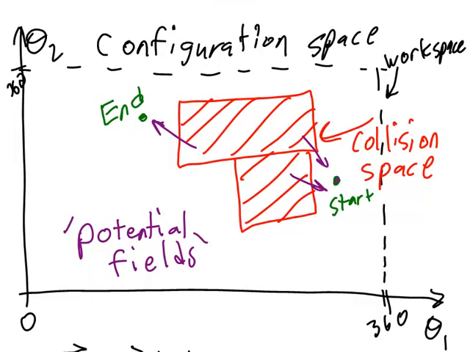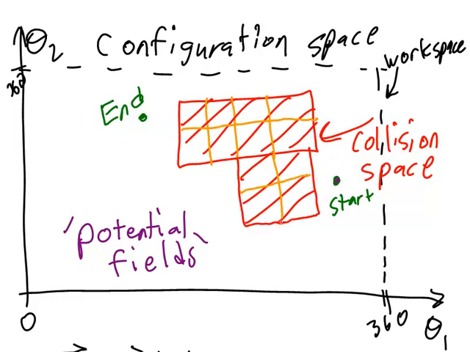For example, let's use this example configuration space that I drew up here. I'm going to take this collision space and I'm going to divide it up into elements. I'm trying to make these elements all the same size, but drawing that is a bit difficult. I intend for all of these elements to be the same size.